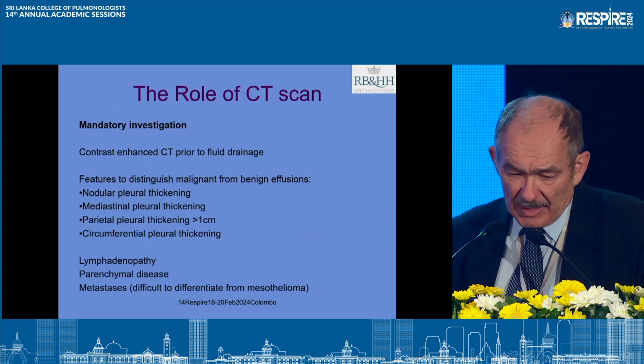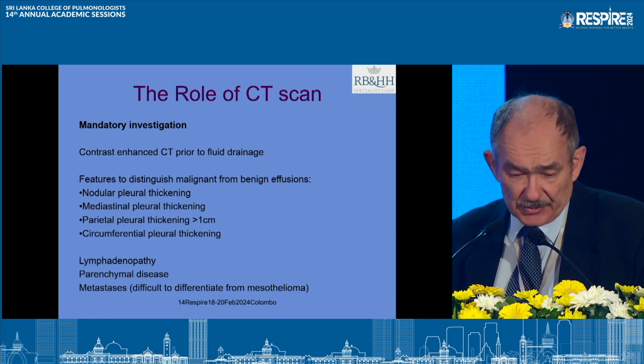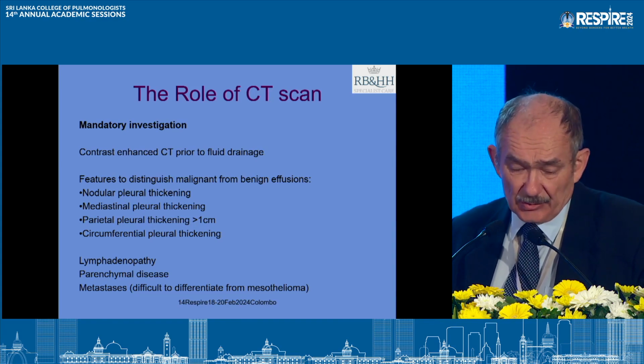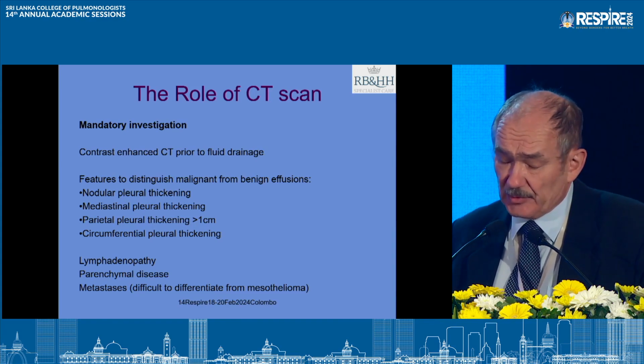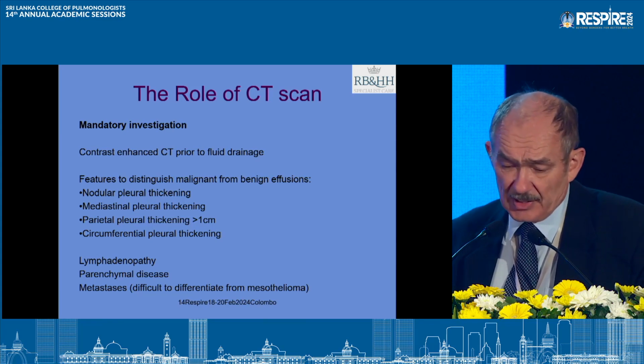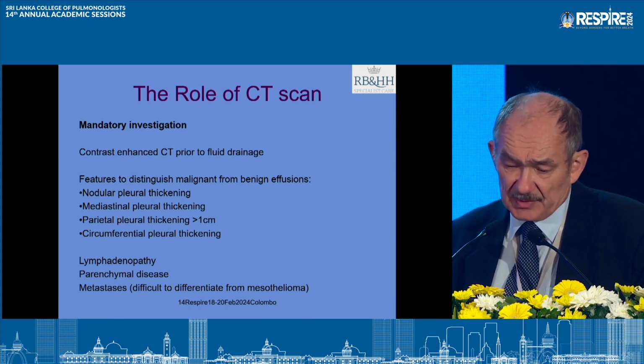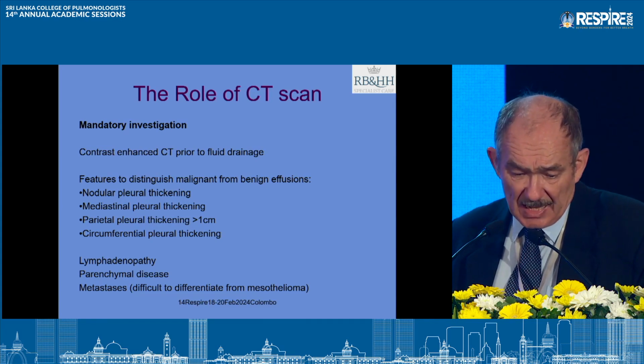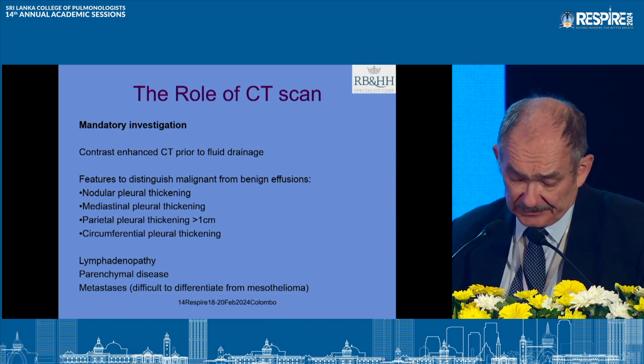CT scan, I think, should be a mandatory investigation for people with pleural effusion, because it allows us not only to see the amount of fluid, but also other things like nodular pleural thickening, presence of tumor, displacement, the possibility to diagnose contralateral accumulation of fluid, and other findings.